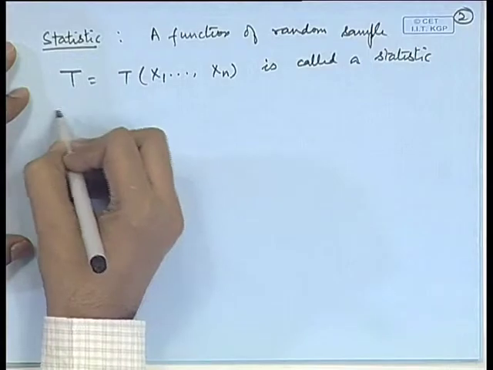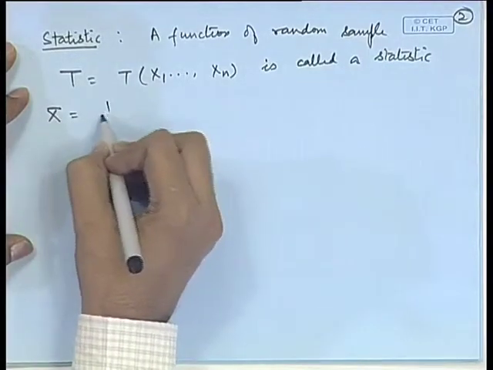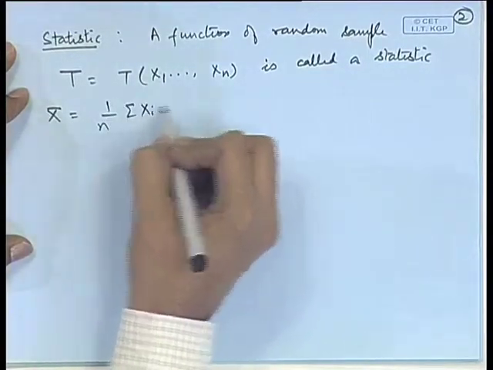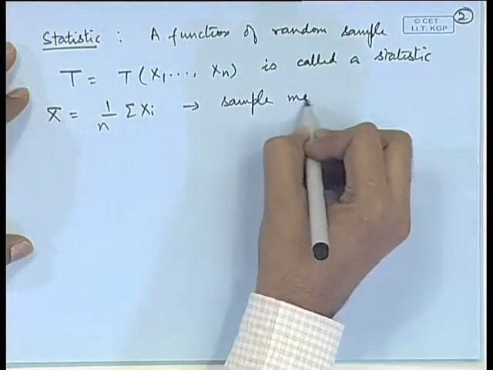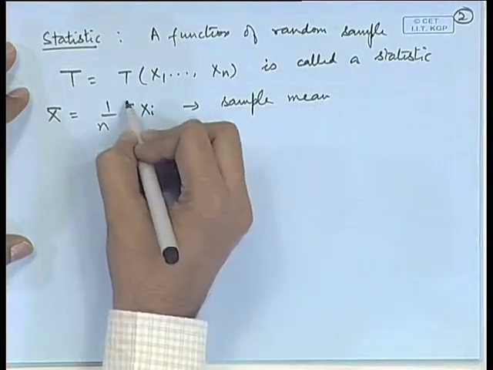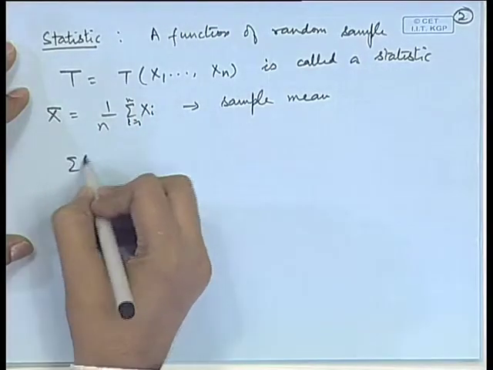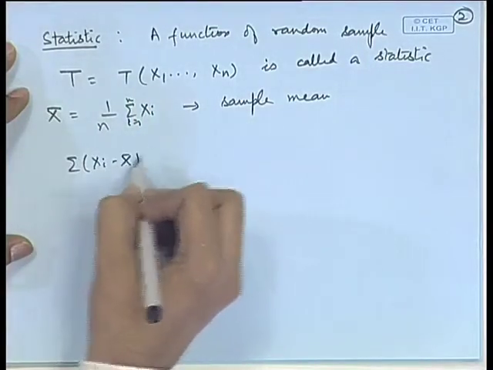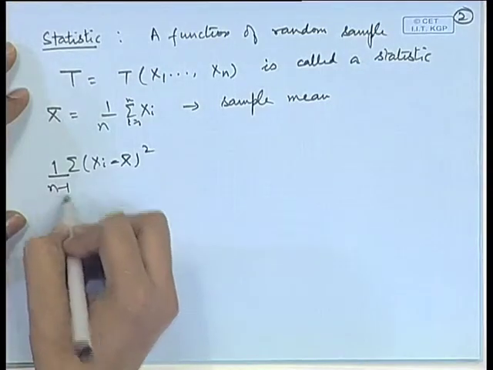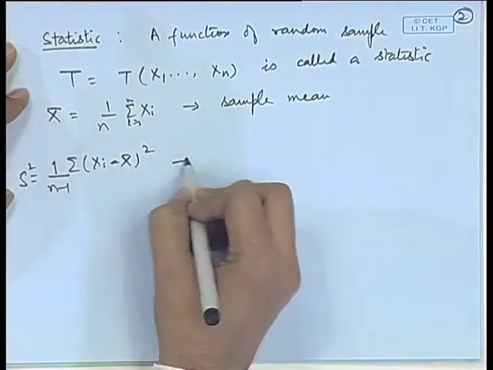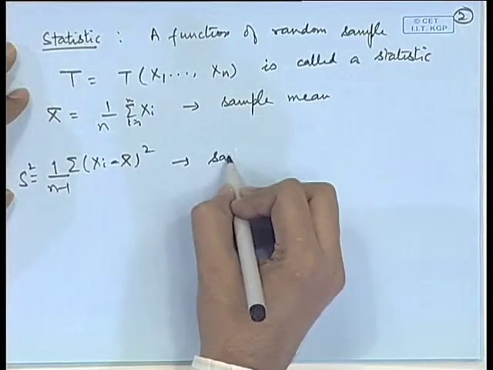For example, we may consider X bar, that is 1 by n sigma Xi, the sample mean. We may consider the sample sum of squares of deviations from the mean. We may consider 1 by n minus 1 of this, which we usually denote by S square, the sample variance.